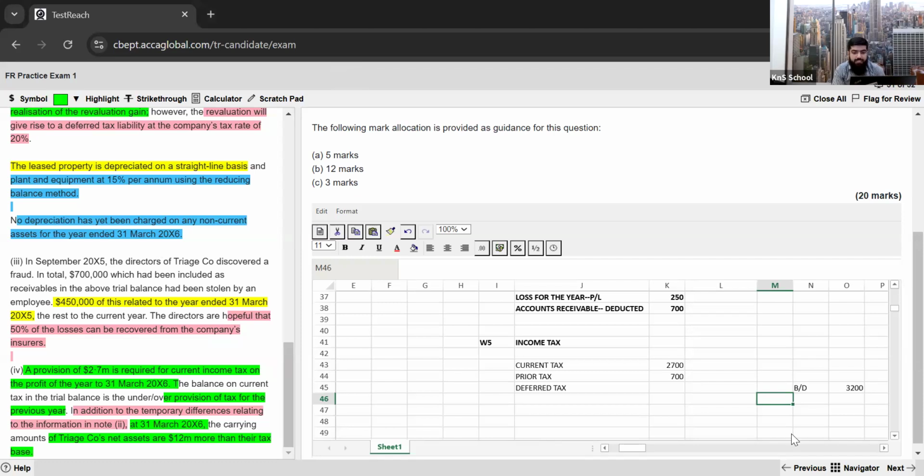There is a 12 million taxable temporary difference, which means this shows the closing balance. And remember, this is the ledger for the deferred tax liability. It's not the ledger for the taxable temporary difference.